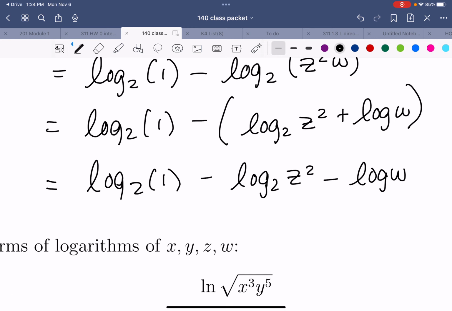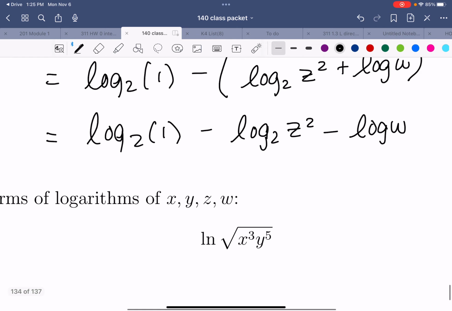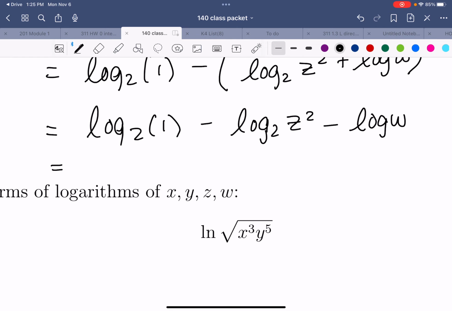So if I go to my calculator, this is going to end up being 0, this first term. Now, why?